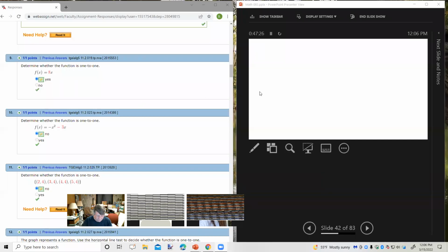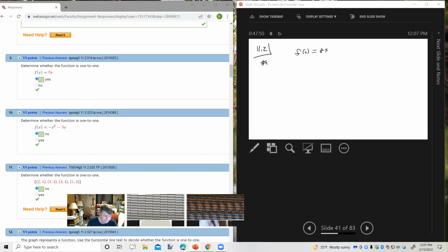So this is 11.2. Number 9 says determine whether the function is 1-to-1. I would say probably easiest just to visualize it or graph it. This is f of x equals 8x, right?